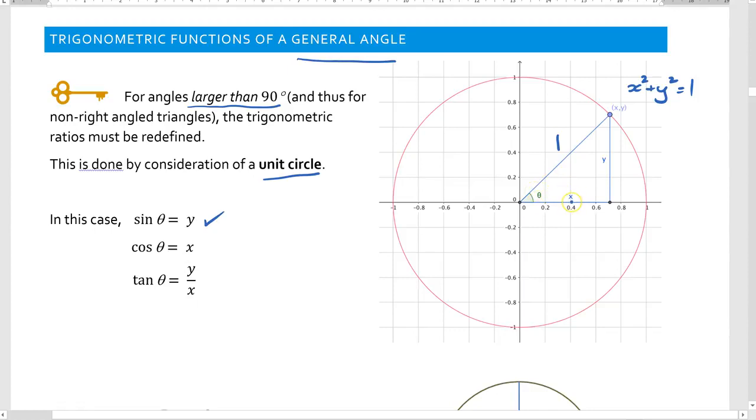Cos of theta is adjacent, x over the hypotenuse, and tan of theta is opposite over adjacent, y over x. And this then becomes a more general version of the trig ratios.